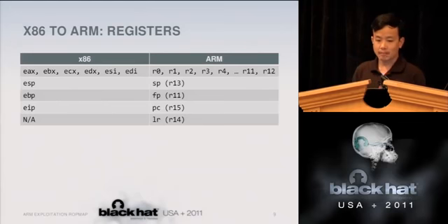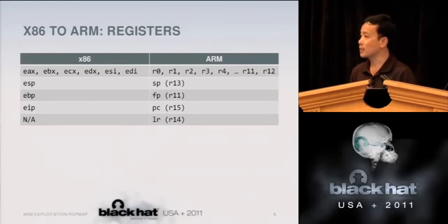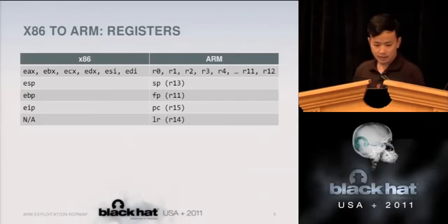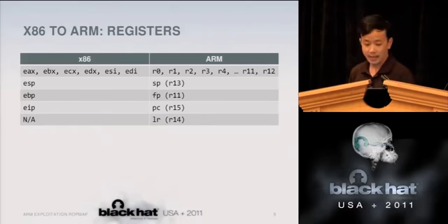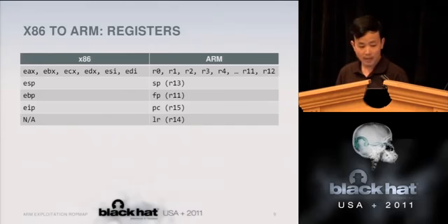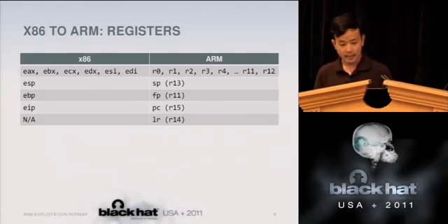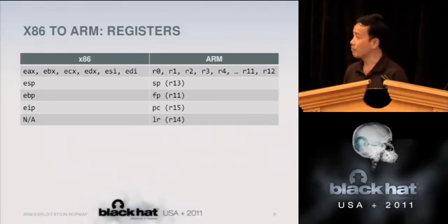There are also some special purpose registers that are reserved permanently, like the stack pointer, ESP in x86, and in ARM we have SP. Like the program counter, in x86 we have EIP, and in ARM it is named PC.